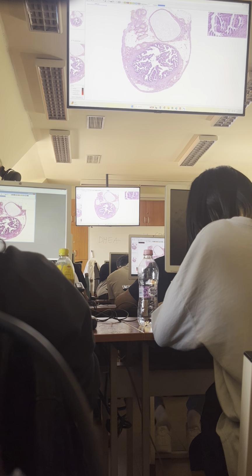And if you look at the lining epithelium, it is simple columnar. And there are two kinds of columnar cells in this epithelium. One kind is paler, like this, and ciliated. It has kinocilia on top, so these ones.